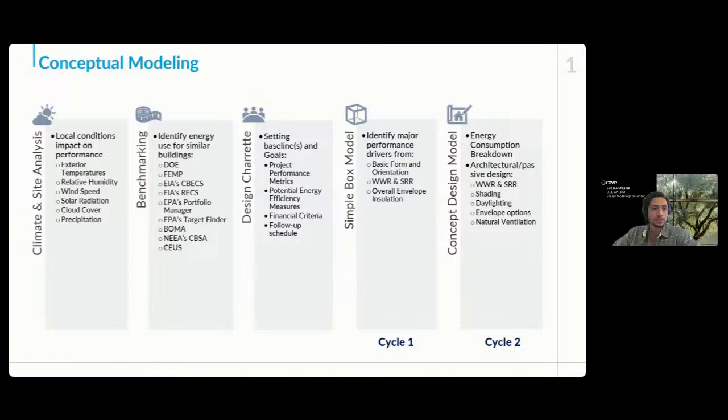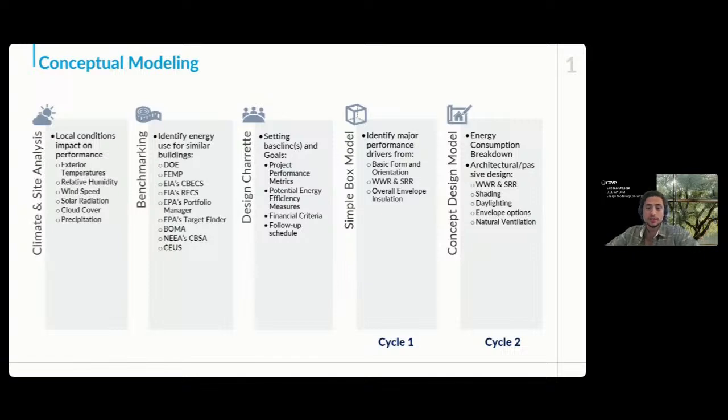That is DOE, FEMP, EIA, CBECS data, or RECS, Portfolio, Energy Star Portfolio Manager, Target Finder. You're probably familiar or have heard of any of those before. And if not, I strongly advise you to take a look into those.